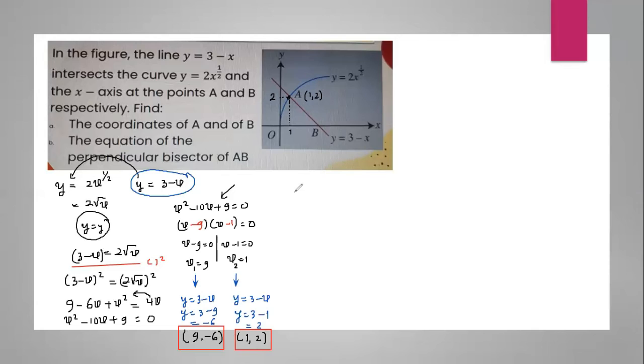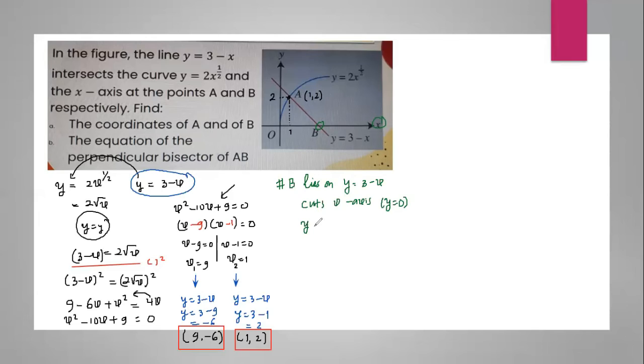Now is B. You have to find B. B lies on y equals 3 minus x and cuts the x-axis, is it correct? So it means y equals 0.